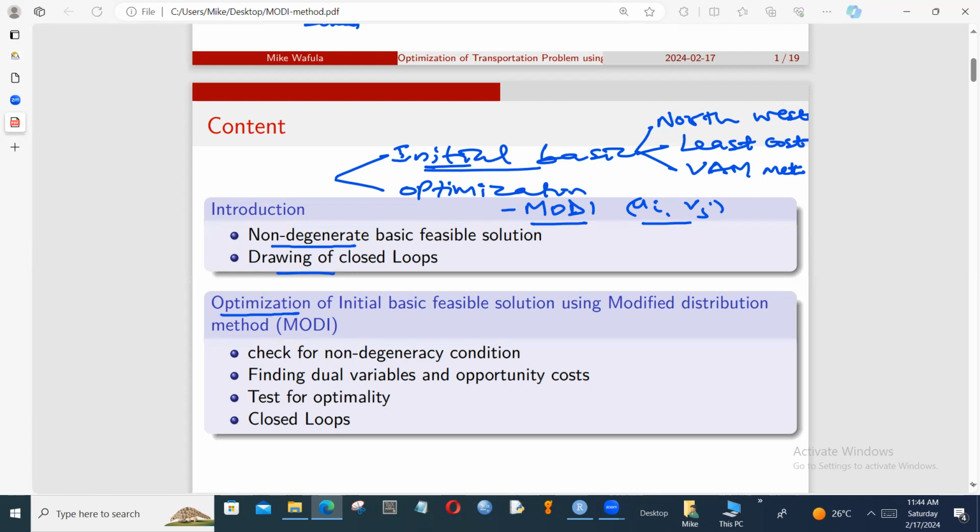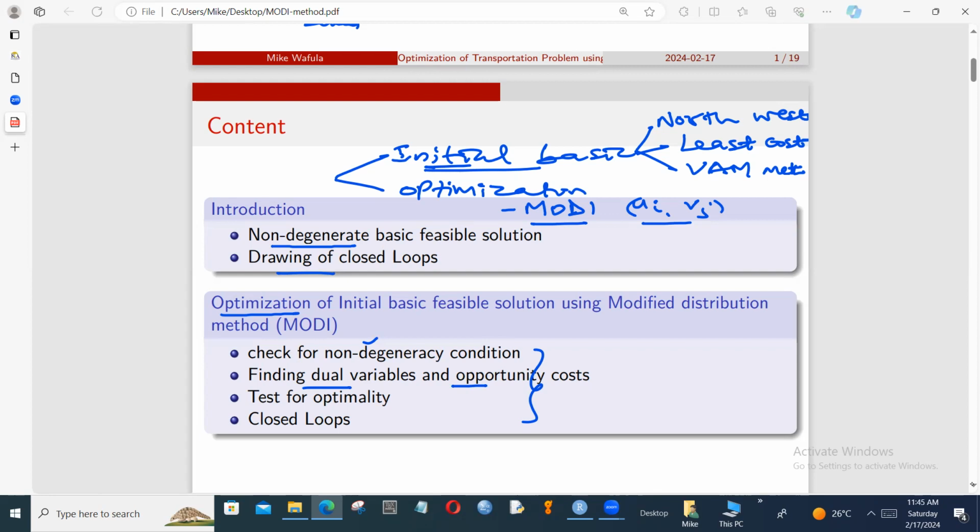After knowing that, we should then be looking at the procedure. I've summarized these procedures into 4 areas which have to be followed sequentially. The first one is checking whether the basic feasible solution you have is non-degenerate or not. Then we shall be determining the dual variables, and we use the dual variables obtained to calculate what we call opportunity cost in this context.